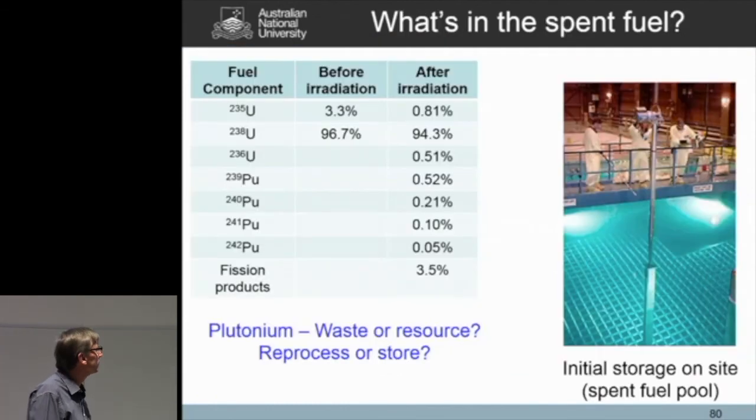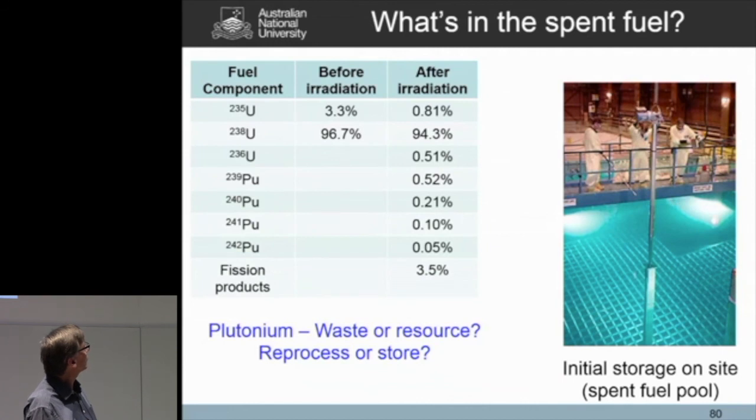So most fuel is currently still sitting on reactor sites because, well, it depends which country you're in. Initially, it's stored on site in a spent fuel pool while it cools down, while the fission fragments decay and the radioactivity drops. But in the spent fuel, there's fission products.